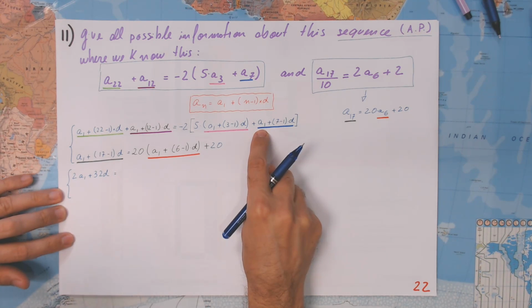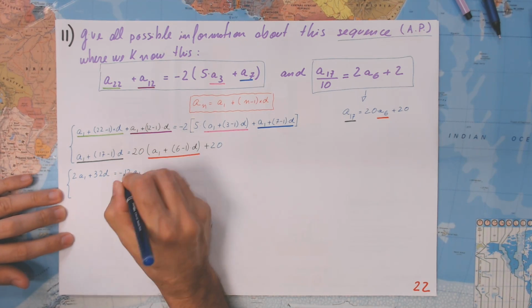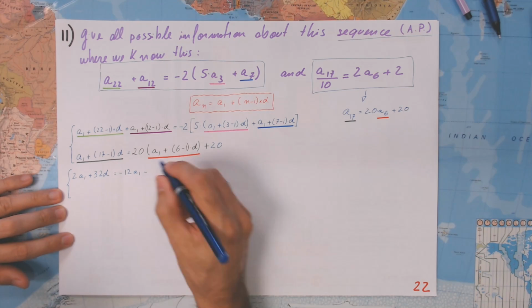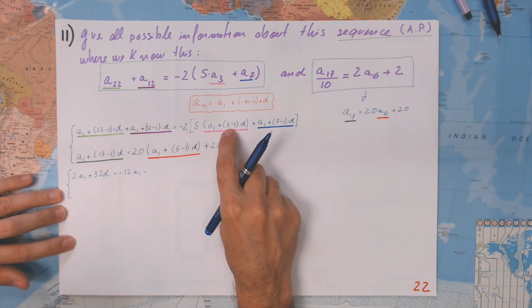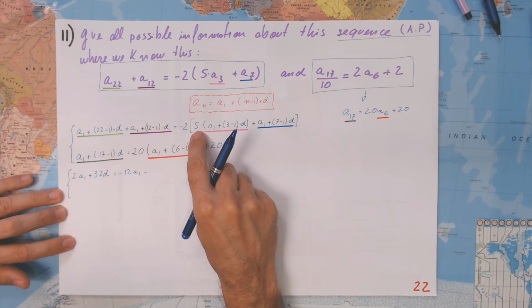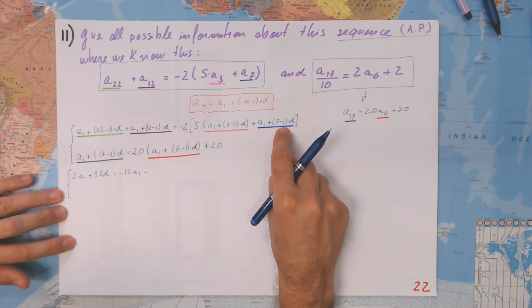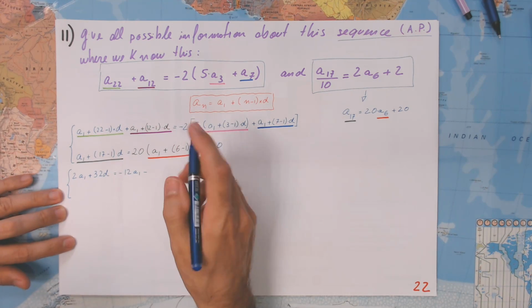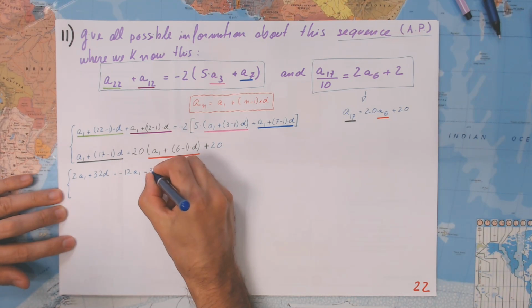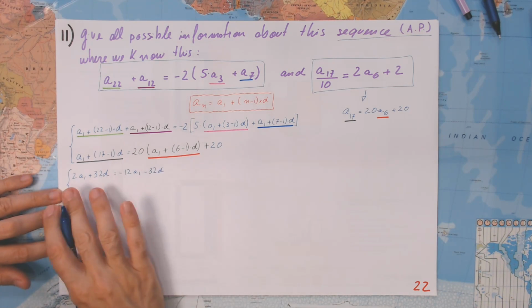Okay, 6A1 times 2 minus 12A1 minus, let's see the D. This is a 2D plus 6D, 8D. Oh, this is a 2D times 5, it is 10D. 10D plus 6D, 16D. 16 times minus 2, this is a minus 32D. And so far that's it.